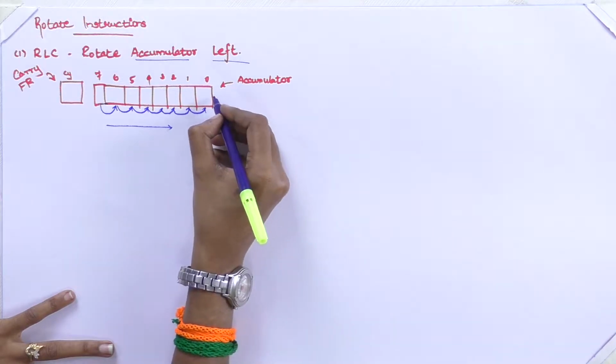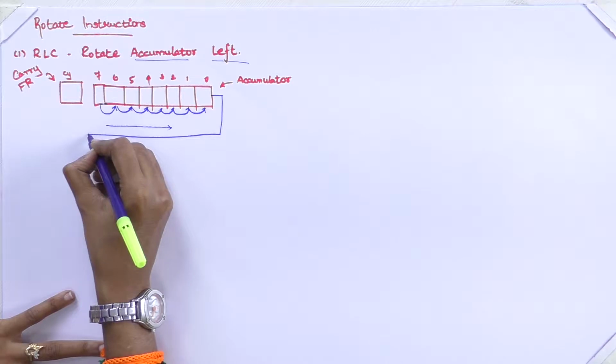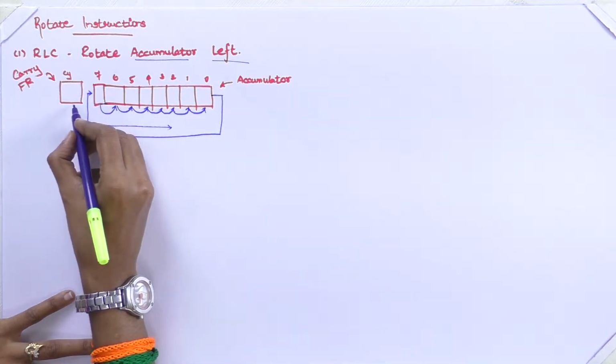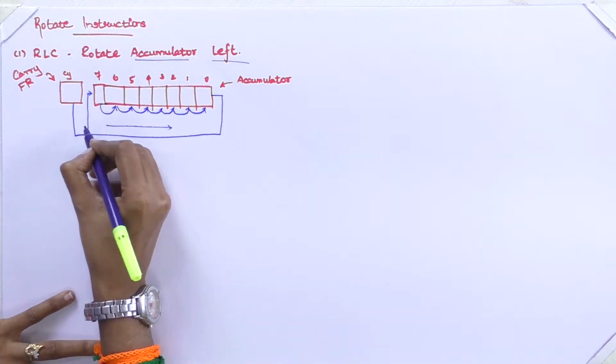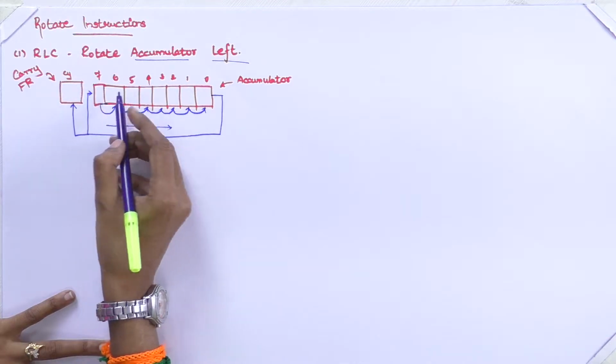Now the 0th bit will be given to the 7th bit as well as to the carry. So this is how the rotation happens.